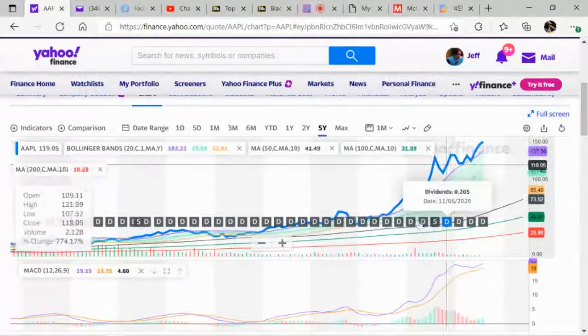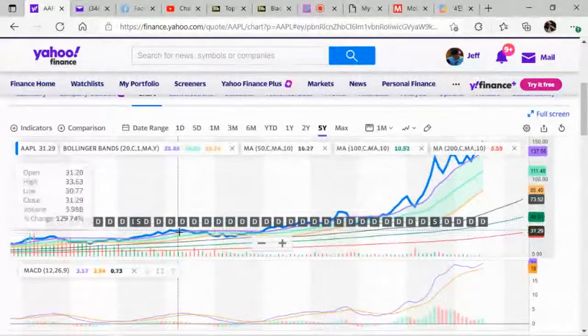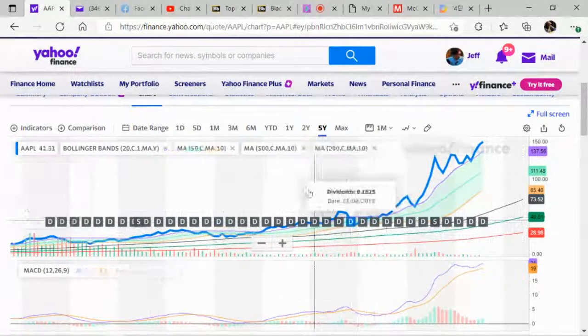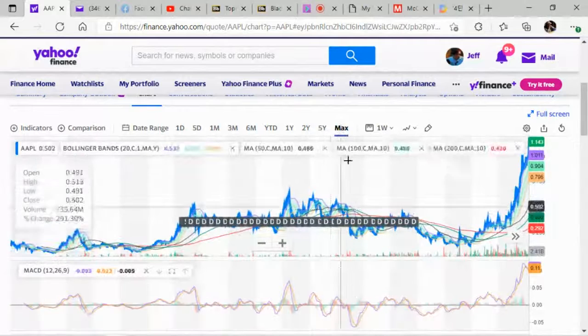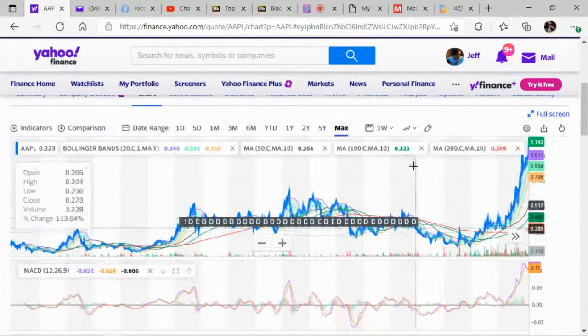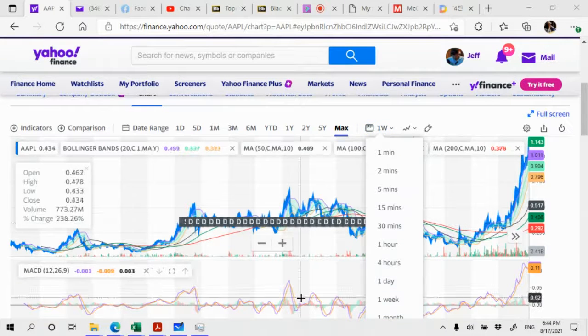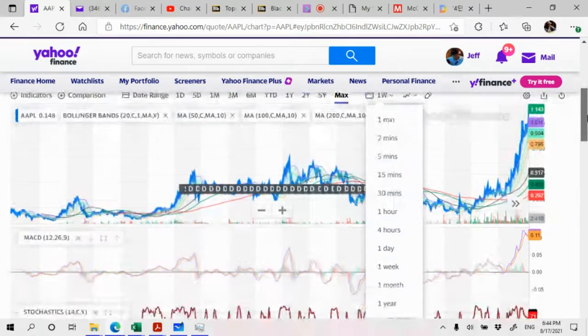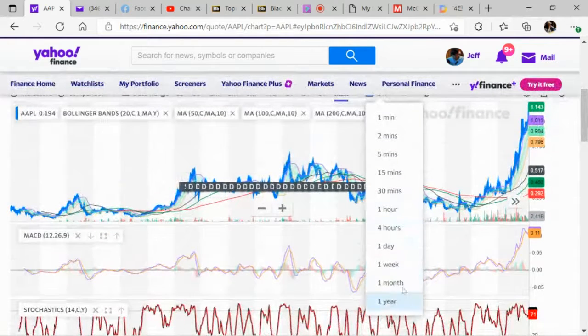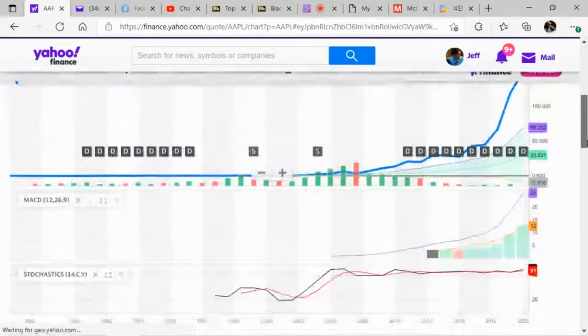And all these D's mean dividends paid, right? They paid dividends. Now, of course, throughout the life of Apple, there was a long period when dividends were not paid, the 1990s. That's why I'm saying dividend is not a must.